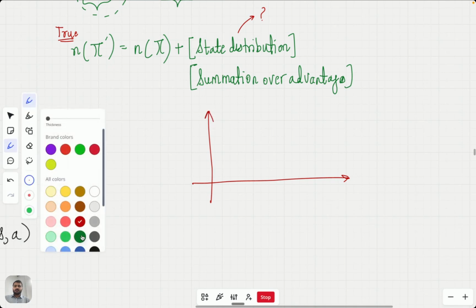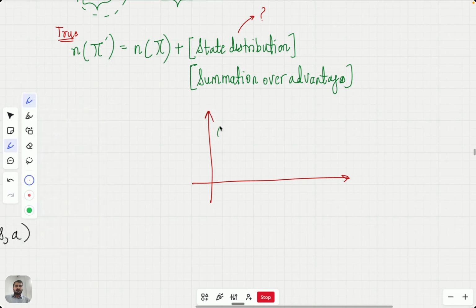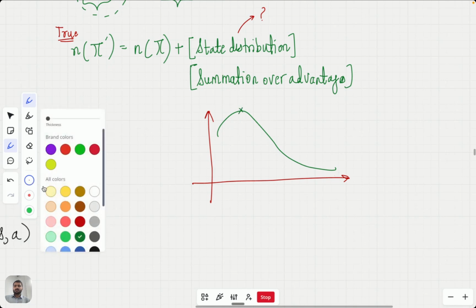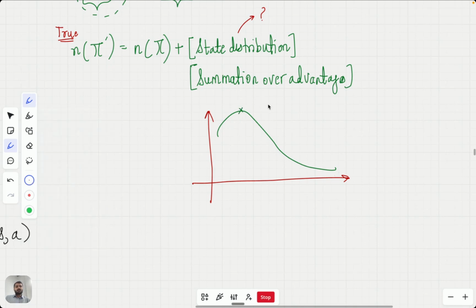Let me draw this function here right now. So let's say we consider this function whose maximum I want to find out. And I do not know this function. I do not have the expression for this function, where on the y-axis you have η of π dash. Okay, and on the x-axis we have θ, which is the policy parameter.